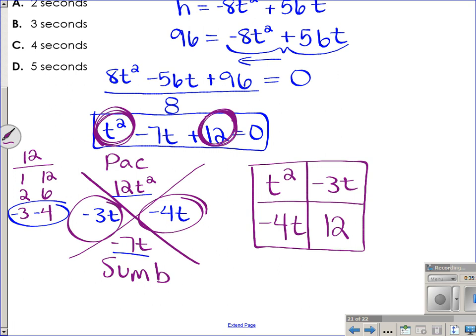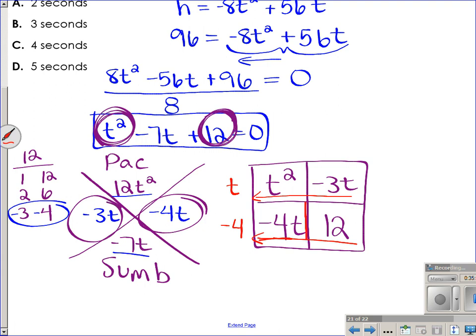And now I need to factor out the greatest common factor of each row and each column. So what is the greatest common factor of t squared and negative 3t? 1t. Greatest common factor of negative 4 and 12? Negative 4, because the box closest to the outside here was negative.